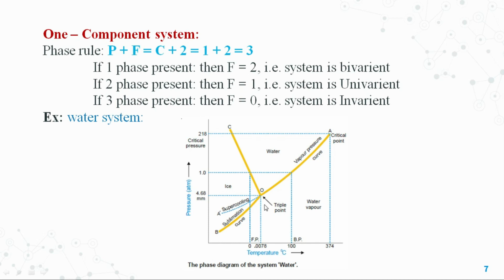So it is bivariant. And along the line or boundary between two phases, two phases exist, so it has only one degree of freedom. And at point O, called the triple point, three phases exist, so it is invariant. That means the degree of freedom is equal to 0.